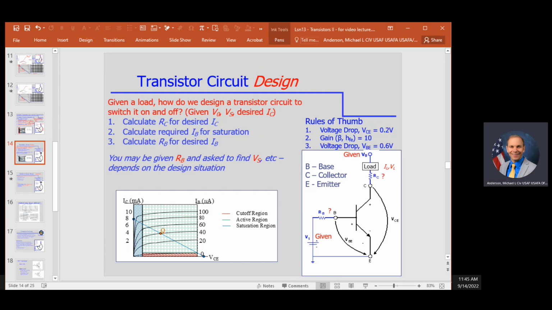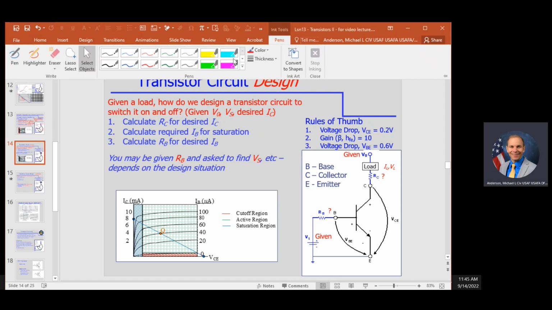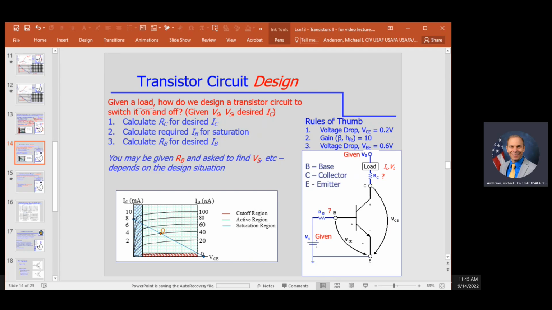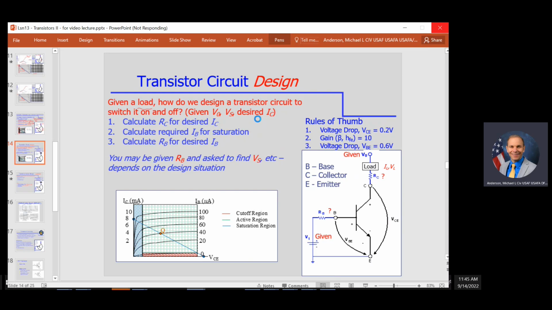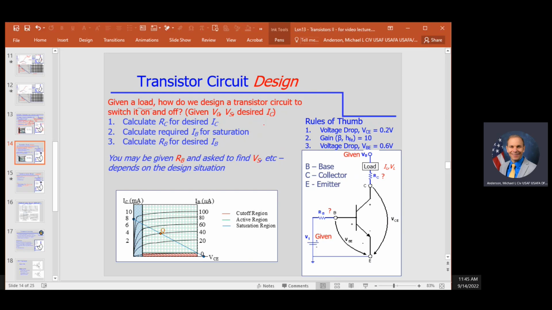Okay, so here we see an example scenario where you're given a load, and we're told, given a load, put the transistor in saturation given the circuit constraints here.